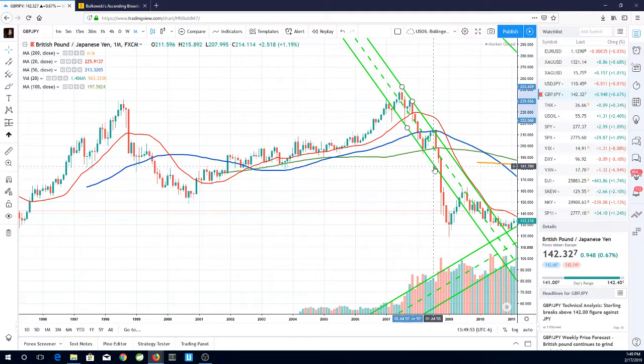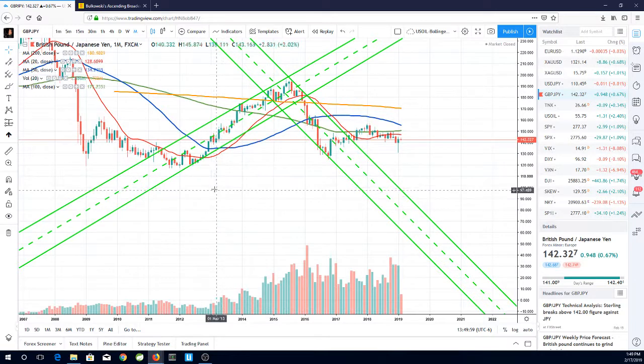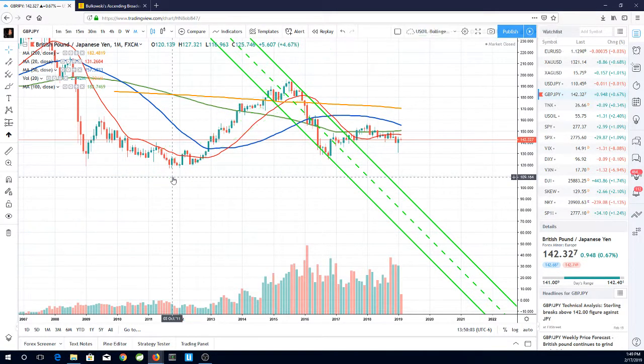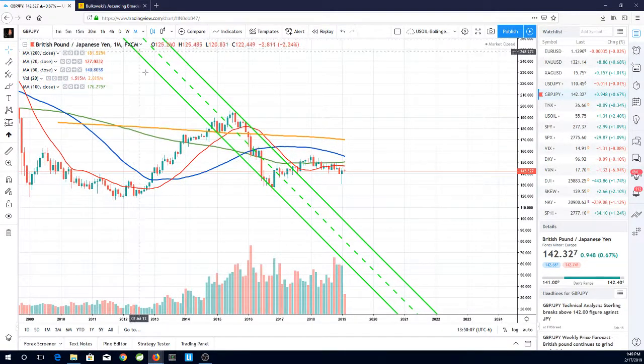So that's how you draw that. I just wanted to show you the time frames, and that with the higher time frame, you want to start from there.